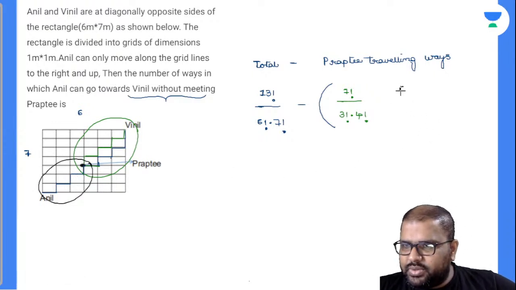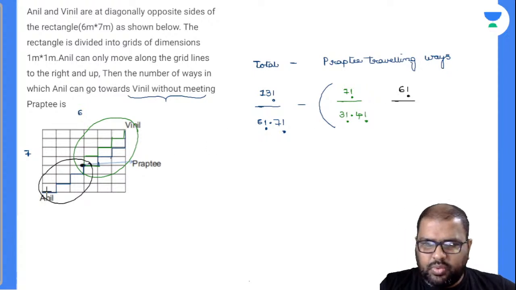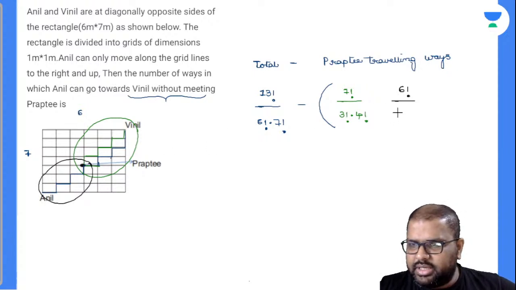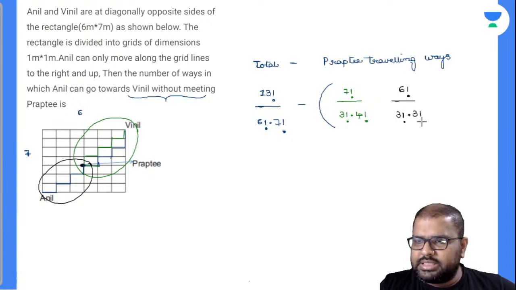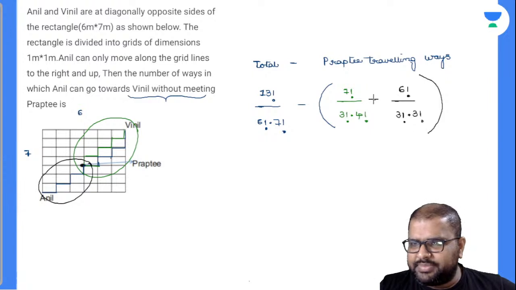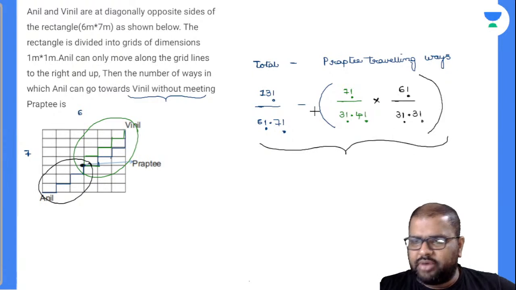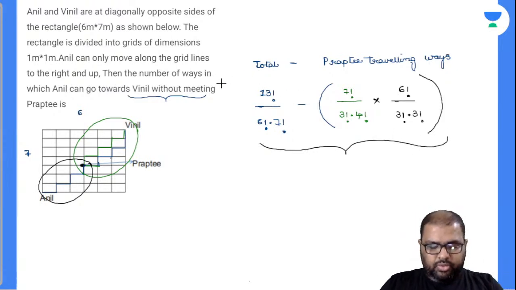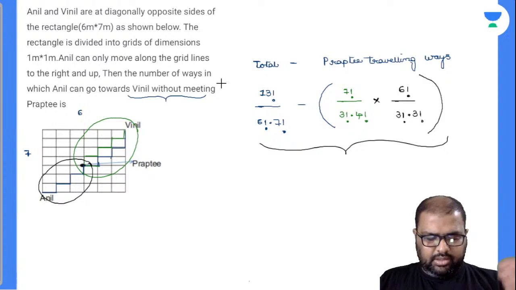So 6 factorial divided by the horizontals, 1, 2, 3, so 3 factorial into 3 factorial. Now this is completely Prapti's moving ways. These are not two different cases, so I have to multiply this. Now if you subtract this entire bracket value from the total, you will get the answer of total Anil moving towards Vinil without meeting Prapti.